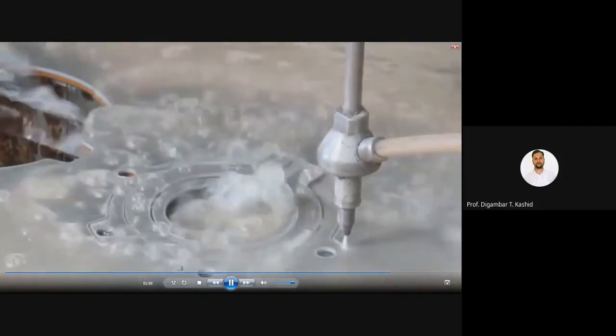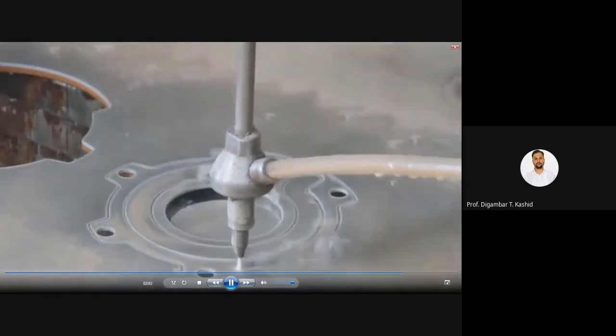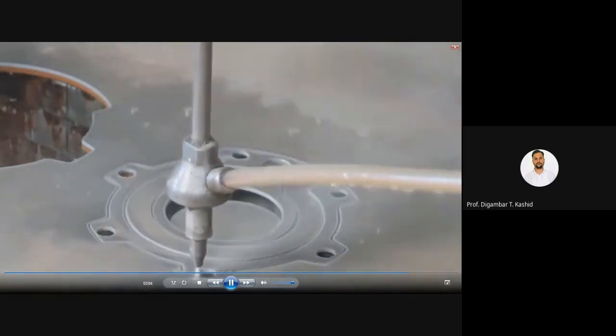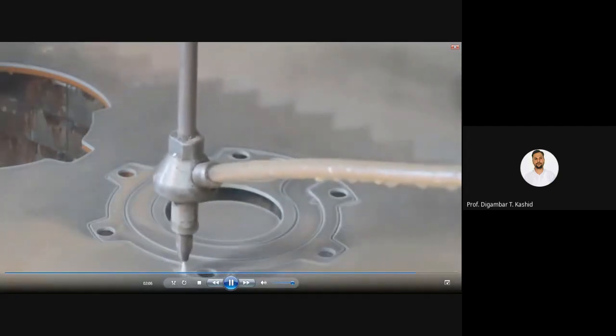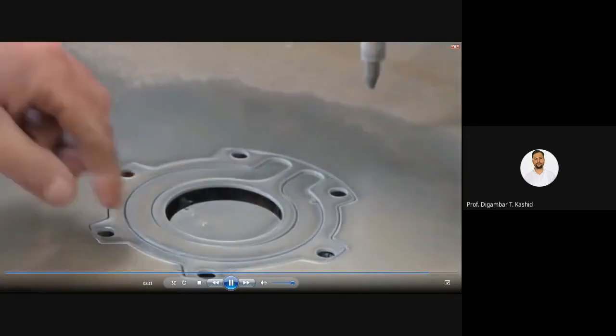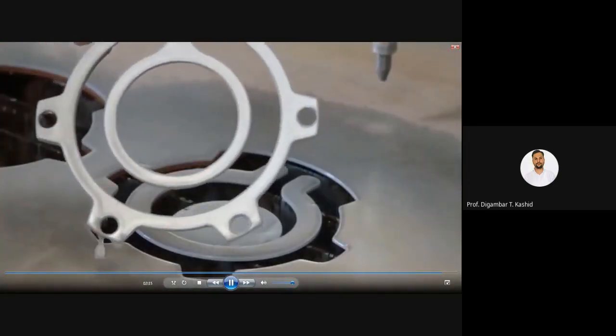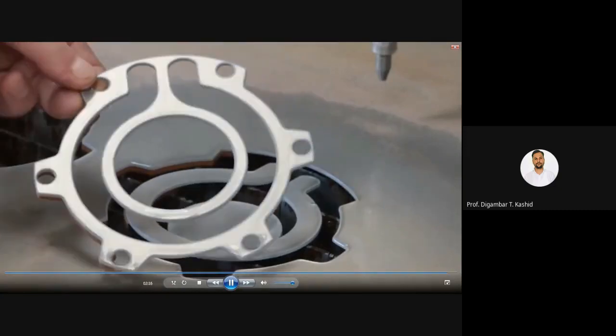Now see how the component is produced using this abrasive jet machining. Okay, in this video they are showing the nozzle part as a machined component. The workpiece surface. See, this is the final produced component or machined component.